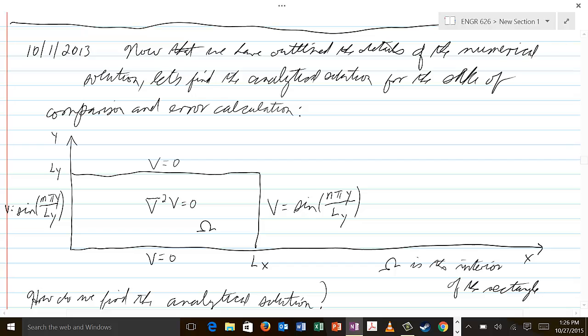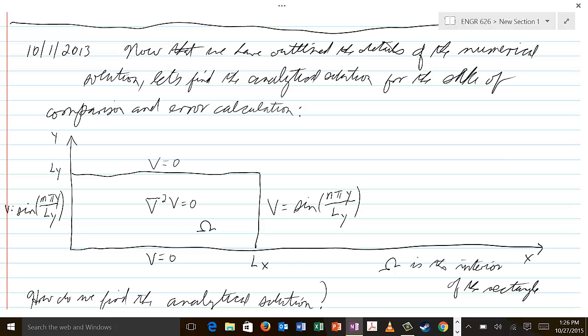And so that pretty much takes care of all the details about the numerical solution. Your job now will be to write code to find the numerical solution of Laplace's equation over a rectangular domain.